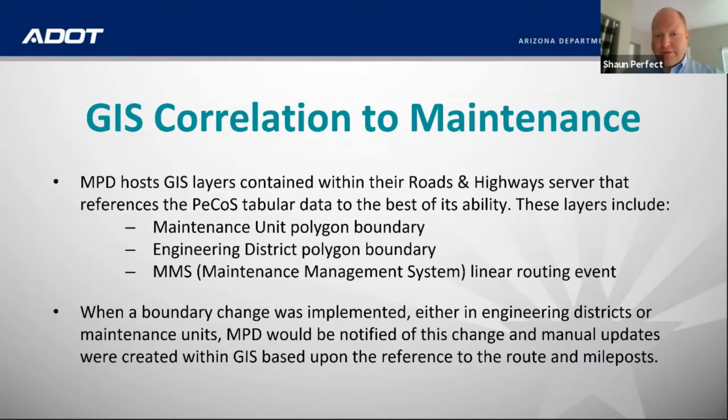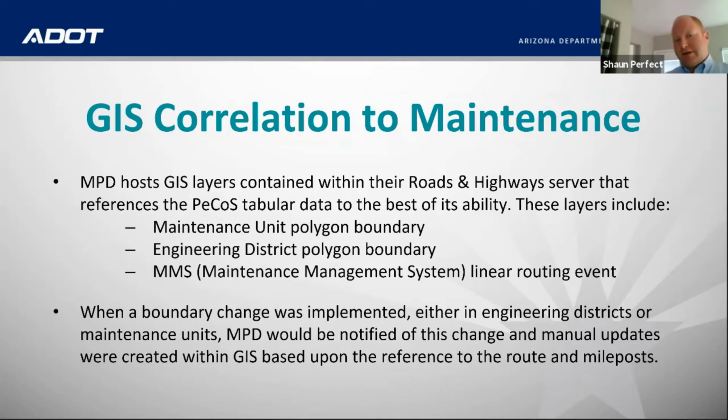So we're talking about three of these layers. Two of them are polygon boundaries: the maintenance unit polygon, which shouldn't be confused with the engineering district. The engineering district is broken up into five districts throughout the whole state, and the maintenance districts are within each one of those districts.